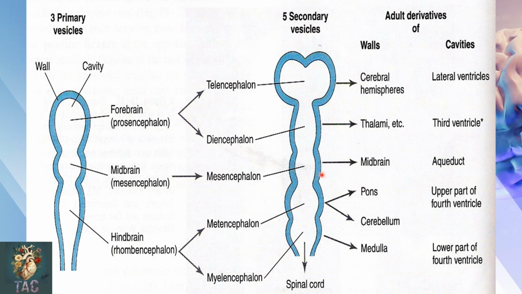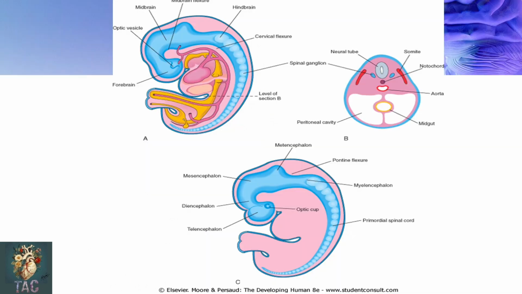The midbrain remains as such, the mesencephalon forming the midbrain, and its cavity is called the aqueduct. The metencephalon forms the pons and cerebellum and the upper part of the fourth ventricle, while the myelencephalon forms the medulla and the lower part of the fourth ventricle, and from here the spinal cord starts, whose cavity is called the central canal. So these are the initial three primary brain vesicles and five secondary vesicles and their derivatives and their cavities.